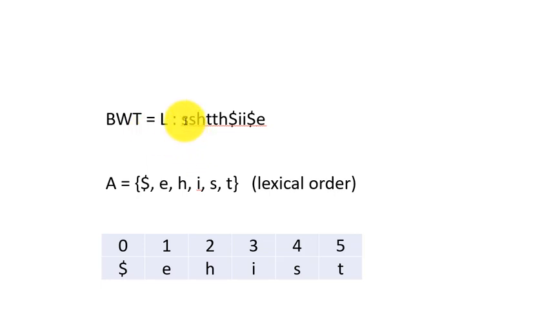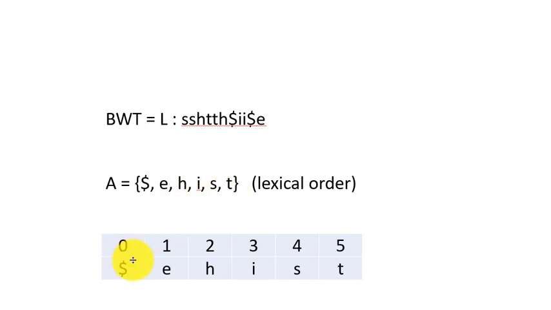So imagine that we eventually got the BWT already here. So we simply pick all the letters in lexical order and then save it to another array. So this is more like a dictionary to refer to. It's not actually a dictionary, but it's like a dictionary to refer to, that contains all the letters we got.